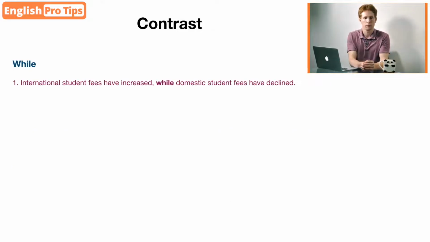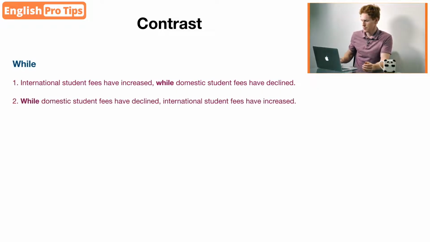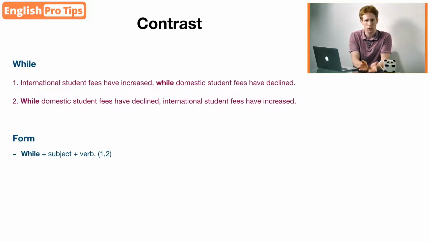Okay, the next word, while. And this is very useful for academic task 2. International student fees have increased while domestic student fees have declined. While domestic student fees have declined, international student fees have increased. So how do we form sentences with while? Well, we usually have while and then a subject and a verb, which is a clause.